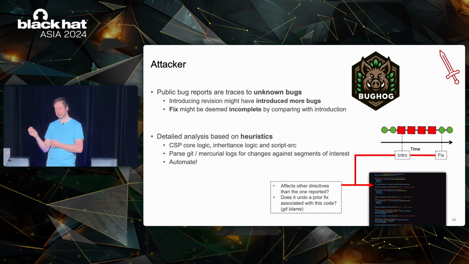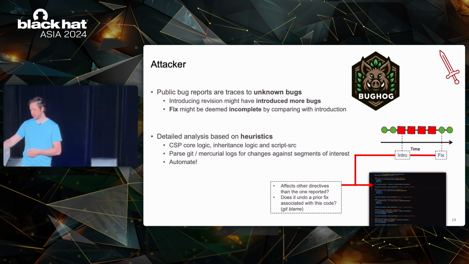And then as an attacker, we can more easily focus on the pieces of the code that are more likely to be vulnerable, or we can figure out whether a code change will be more likely to introduce a new bug. And ideally, we would also automate this. This is something we're not quite yet at with BugHawk, but maybe in the near future, we'll get there.